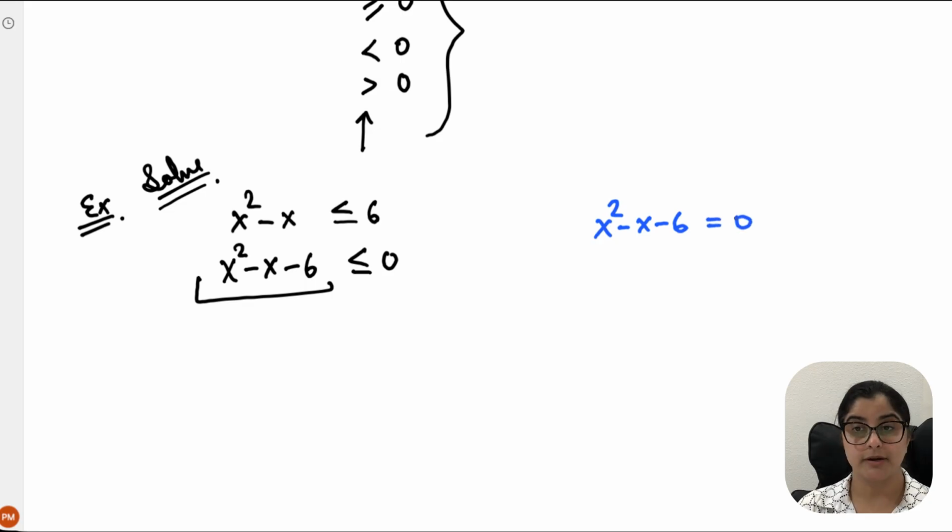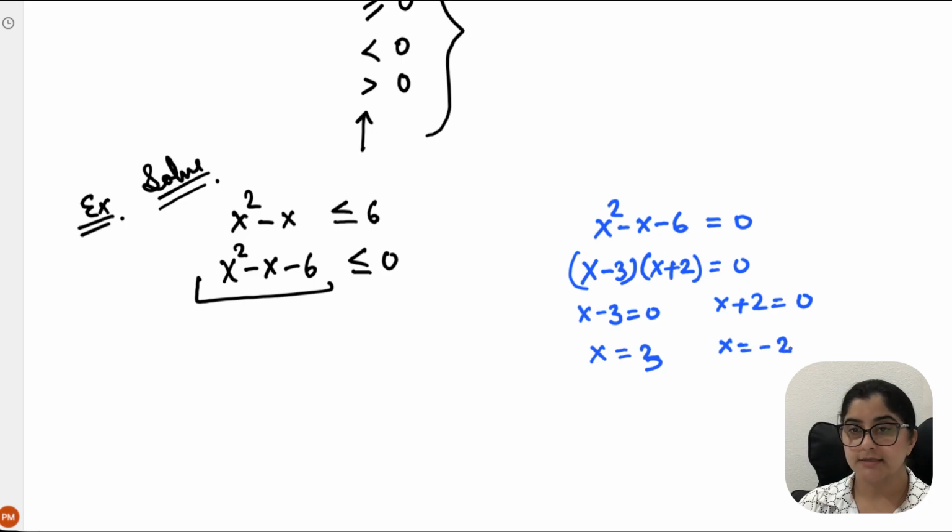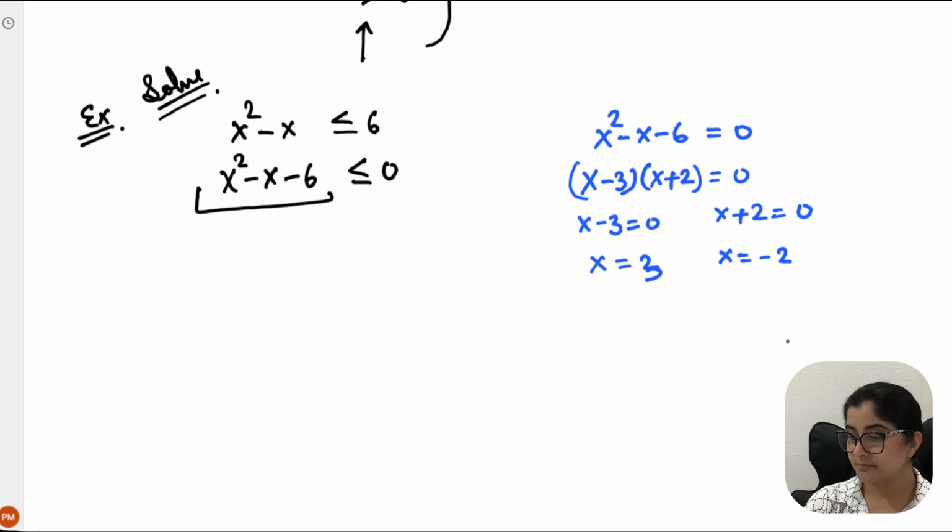We can use the zero factor property, quadratic formula, or completing the square, whatever is easy for you. I'm going to use factoring. So x minus 3 times x plus 2 are the factors. Either the first factor is 0 or the second factor is 0, so we get two x values, x is equal to 3 and x is equal to minus 2.